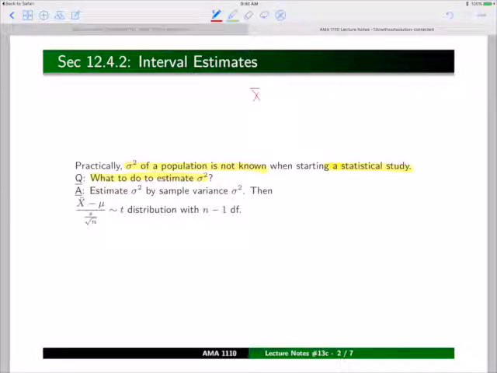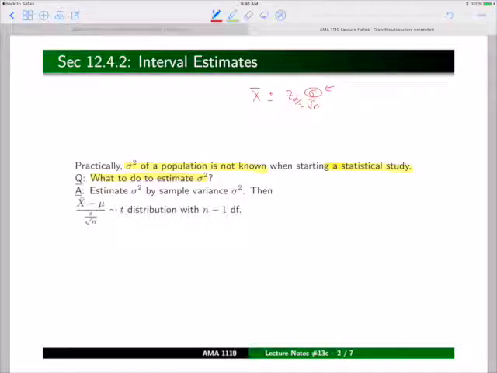Remember, when sigma, the population standard deviation, is known, we use this formula. So inherently, we need to know the population standard deviation, but like I said, we don't know that. So how do we estimate it and use it to calculate a confidence interval?